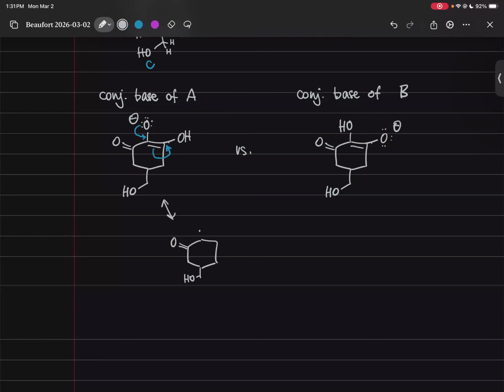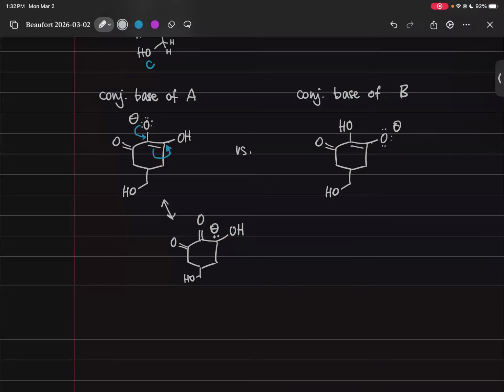So that becomes this OH here, and then a lone pair right there, okay? So that's a resonance structure for the conjugate base of A.